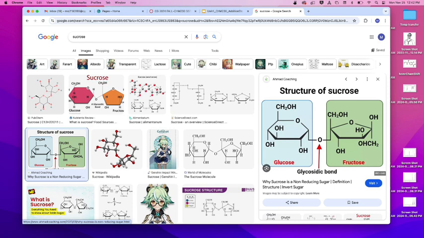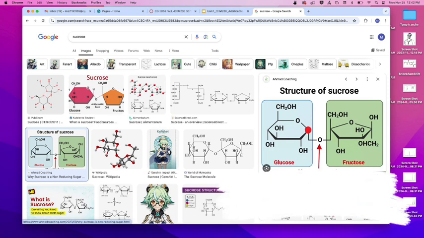Where do we have anomeric carbons? Well, you've got the anomeric carbon on glucose right there. Where's the anomeric carbon on fructose? What made it anomeric?